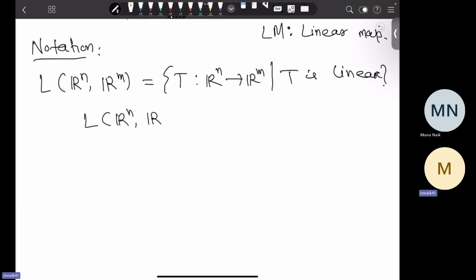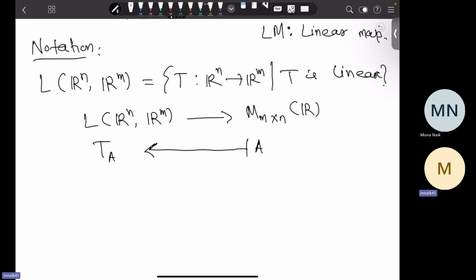From your linear algebra course, you know that L(Rn, Rm) is nothing but M_{m×n}(R), the collection of all m by n matrices with real entries. Any element A of M_{m×n}(R) gives rise to a linear operator T_A from Rn to Rm, where T_A(b) is simply Ab.